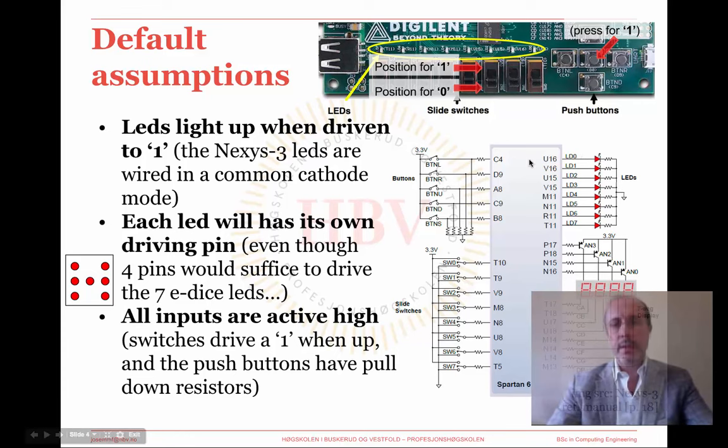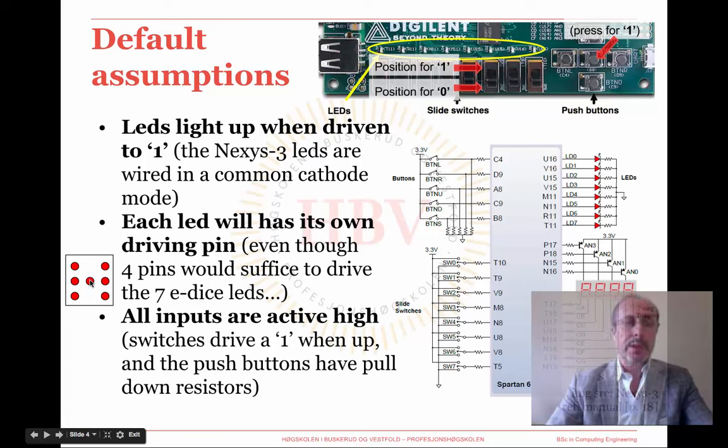The second assumption to be followed in our design, if we want to use the LEDs that are already available on the board, as shown here, is that each LED has its own driving pin. You should notice that this is not strictly necessary because some LEDs light up in pairs. Actually, the only LED that lights up alone is the one in the middle here.